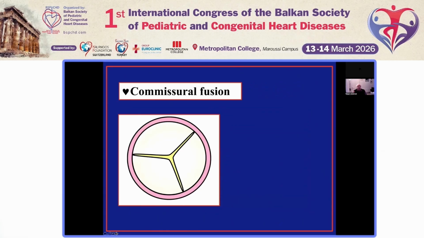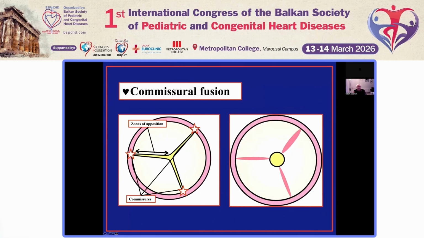But let's concentrate on commissural fusion, because it's an easy matter to see that when we have commissural fusion, the valve can no longer open to what we call the commissures, and we now know that the commissures are the peripheral attachments of the zones of apposition between the leaflets. So when we have commissural fusion, then the valvar orifice is obviously reduced in size.